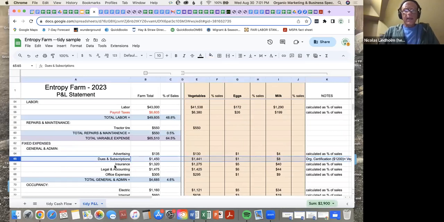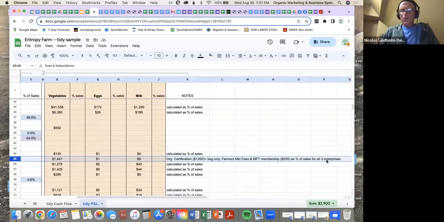I chose one specific example of doing both. So this line has the dues and subscriptions, which I'm going to scroll across, which to me meant that their organic certification fee, which was just for vegetables, was $1,200 of this line item. $1,200 goes all to vegetables. The other stuff was like a Maine Farmland Trust membership and some farmers market fees.